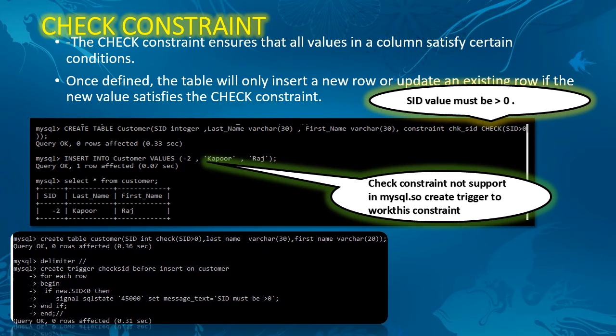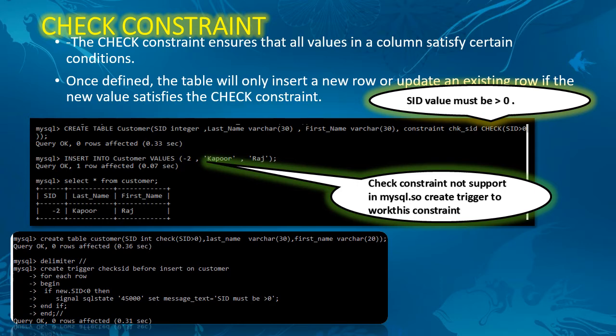So how to create the trigger? See here, after creating the table we should start the statement delimiter, then delimiter followed by double slash, and create trigger named check SID. Before insert on customer means this code will be executed before inserting the record in the customer table.